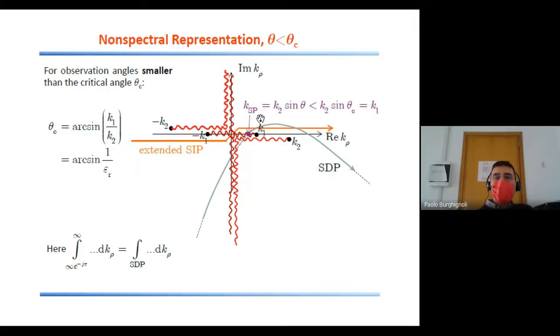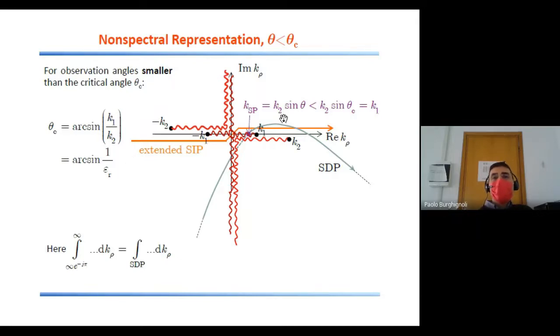The wave number of the saddle point is equal to K2 times the sine of theta, where note that now K2 is the larger of the two wave numbers. So that's the wave number inside the dielectric where the source resides.